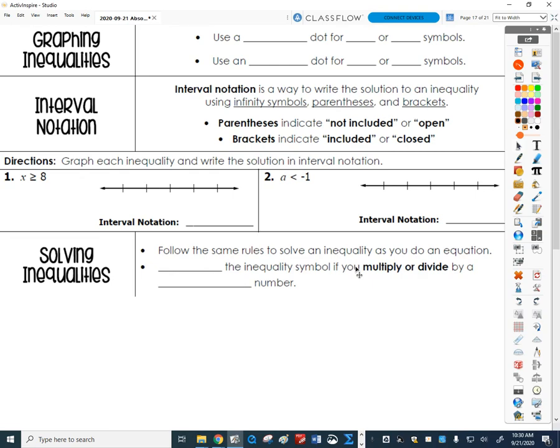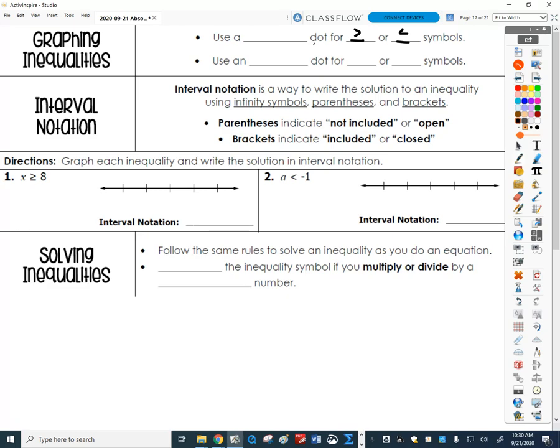So when we're graphing inequalities, let's fill in some blanks here. If we're talking about a greater than or equal to or a less than or equal to symbol, what kind of an endpoint are we going to use for our graphs?